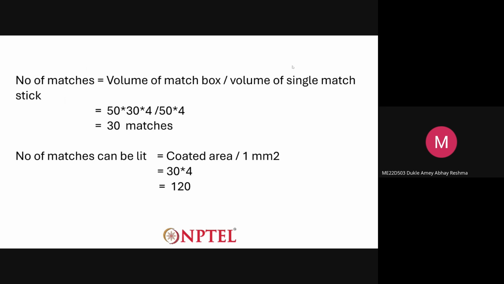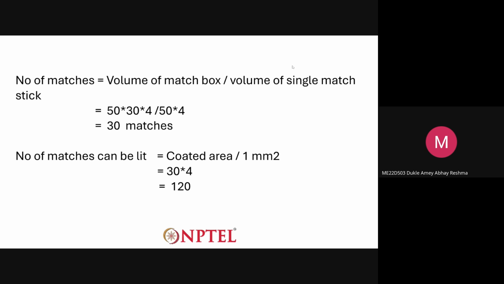So we find the volume of the box and the volume of a single match, and then we divide. In one box there can be 30 matches, max to max. Then we find out how many matches can be lit from that box. Basically, that will be the coated area upon whatever area is required for one match.